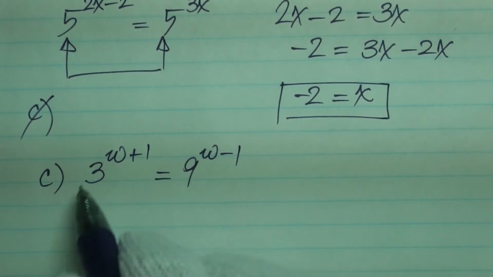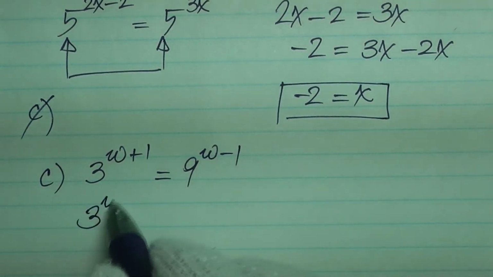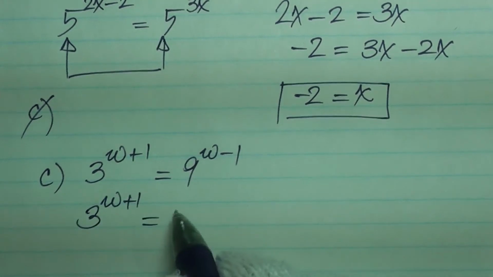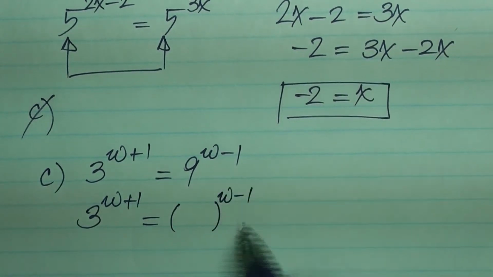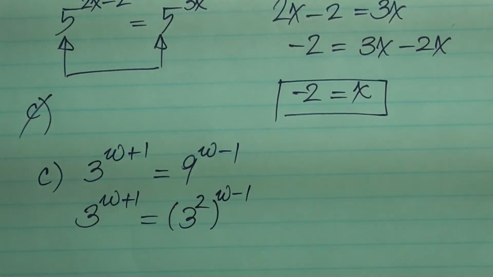Alright, I'm going to write 9 as a power of 3. So I've got 3 to the w plus 1 equals 3 squared.